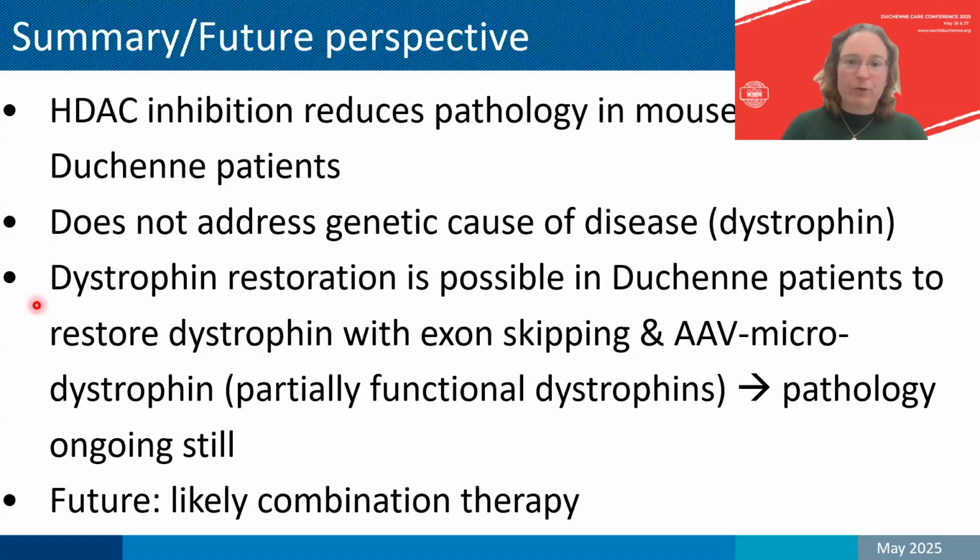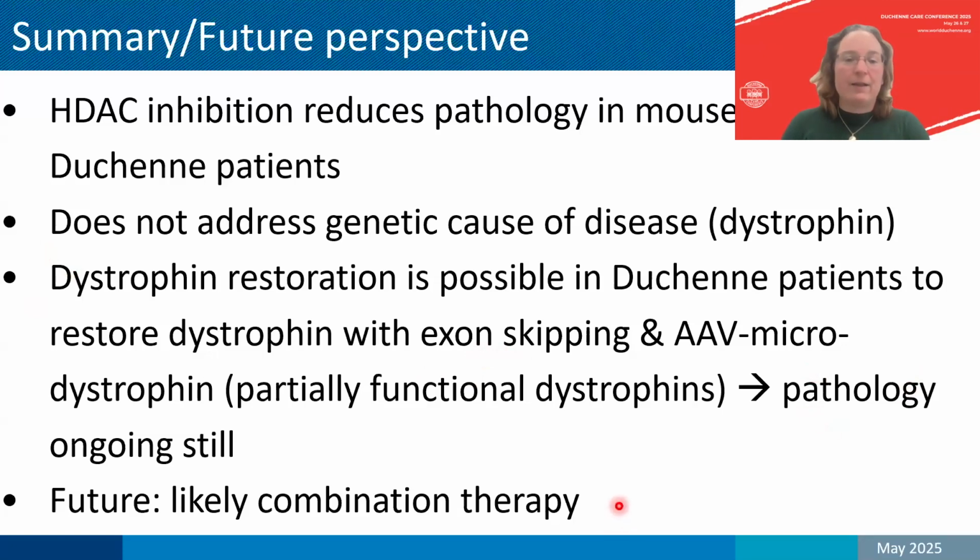You can, of course, restore dystrophin with other therapies like exon skipping and AAV microdystrophin gene therapy. But also there, the pathology will still be ongoing because exon skipping leads to Becker-type dystrophin and microdystrophin is small, so this is not fully functional. So also here, there will still be pathology.